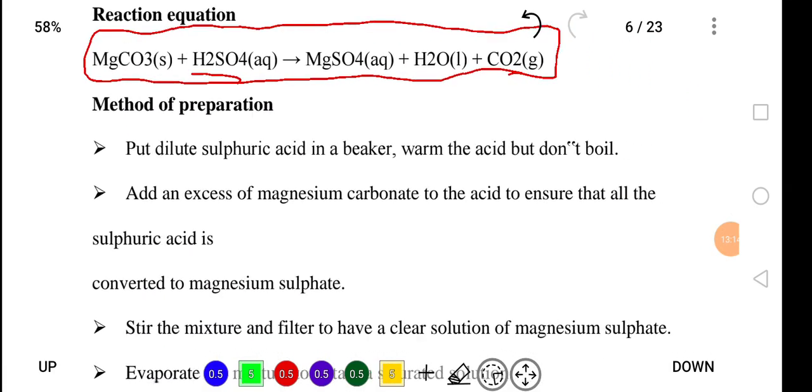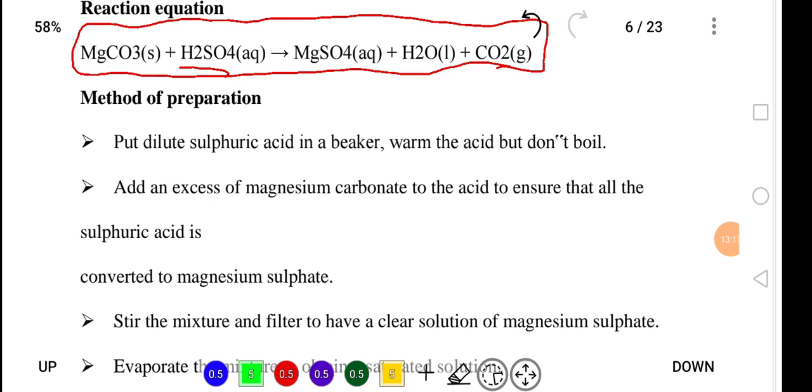Method. Just like the procedure we used when we were preparing copper 2 sulfate from copper 2 oxide and sulfuric acid, the same procedure is going to be used, only that we are going to be changing the reagents. Where we were putting copper 2 oxide, we'll be putting magnesium carbonate.